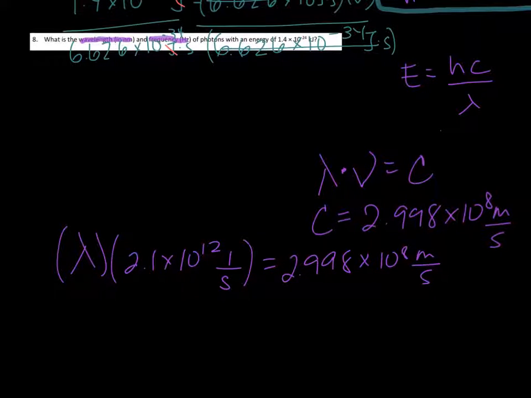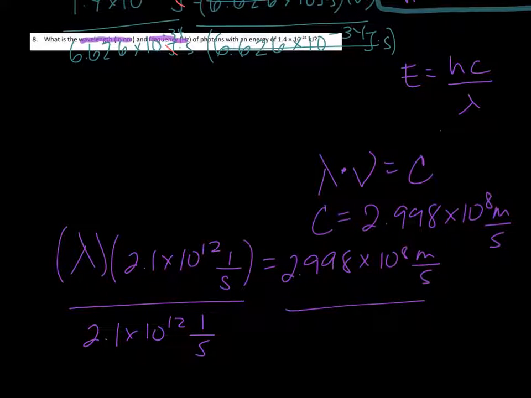And if I need to solve for this variable, then that means I'm going to divide both sides by this number. So dividing by 2.1 times 10 to the 12th inverse seconds. Then my units, seconds, cancel out, and I'm left with meters, and this cancels out as well.